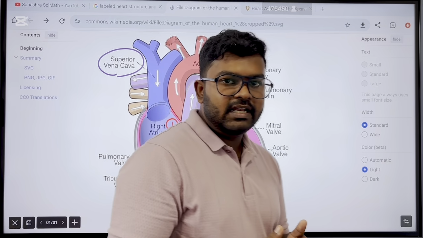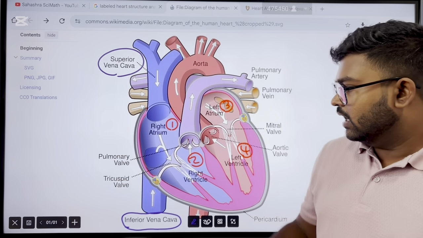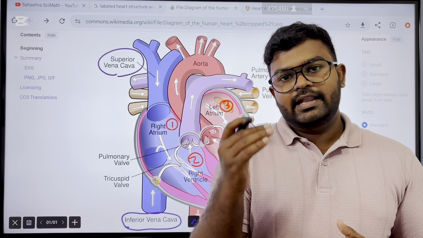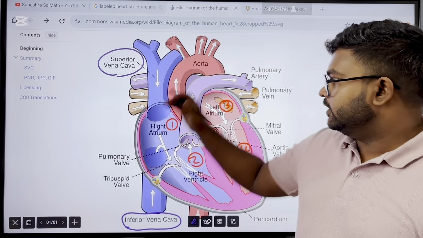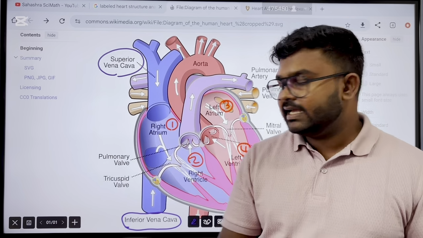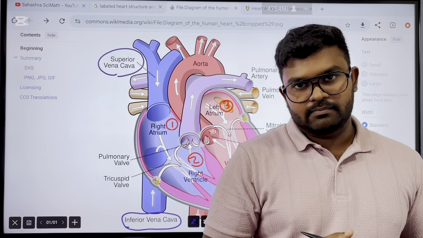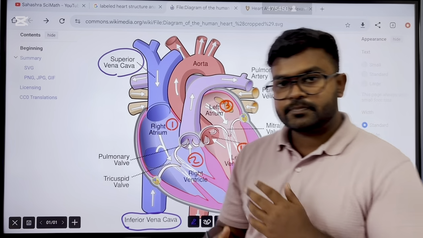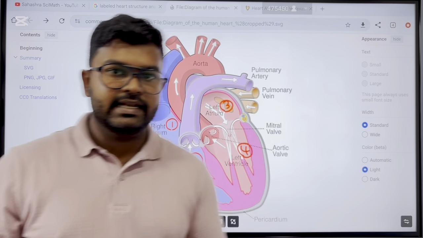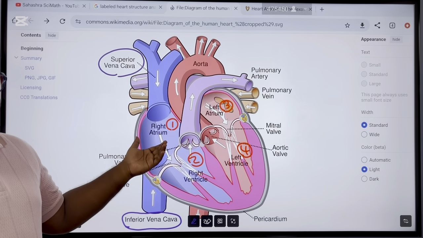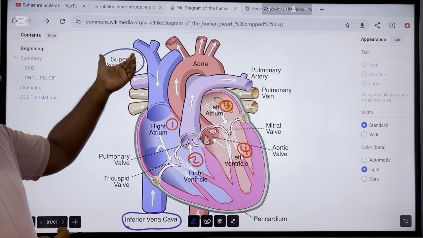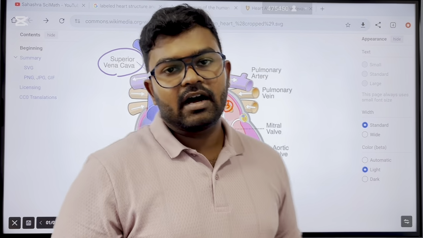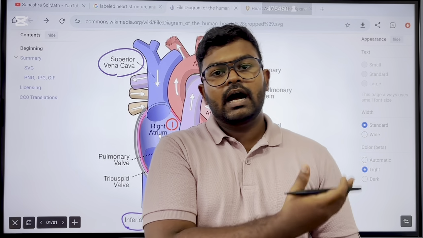The superior vena cava and inferior vena cava are the 2 major veins of our body which carry deoxygenated blood into the heart, specifically into the right atrium. If we consider the superior vena cava, it mainly drains our head and neck and our upper limbs.